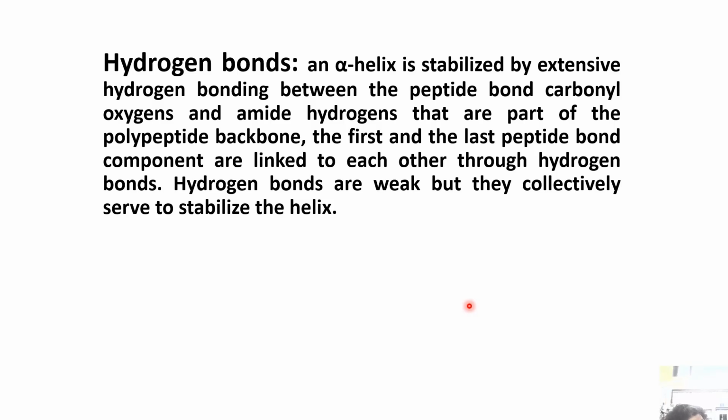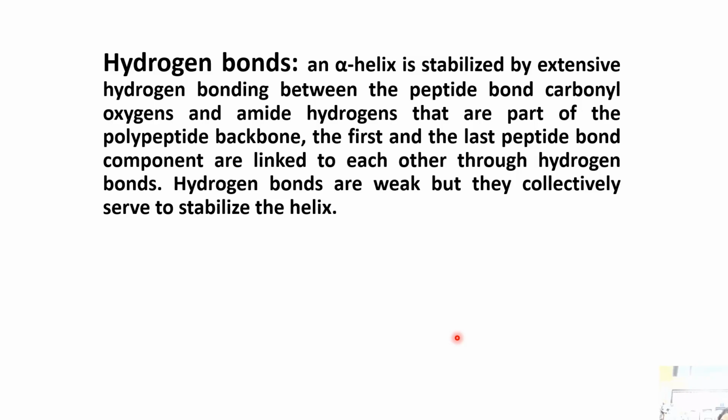If we talk about hydrogen bonds, an alpha helix is stabilized with extensive hydrogen bonding between the peptide bond carbonyl oxygens and amide hydrogens that are part of the polypeptide backbone. So the first and the last peptide bond components are linked to each other through hydrogen bonds.